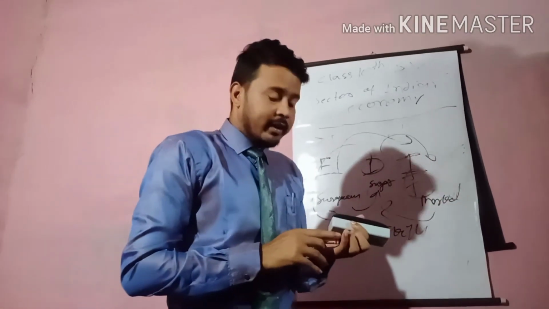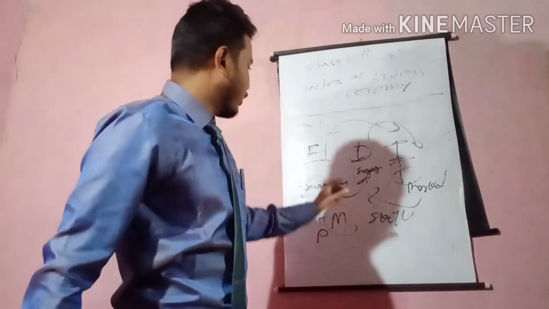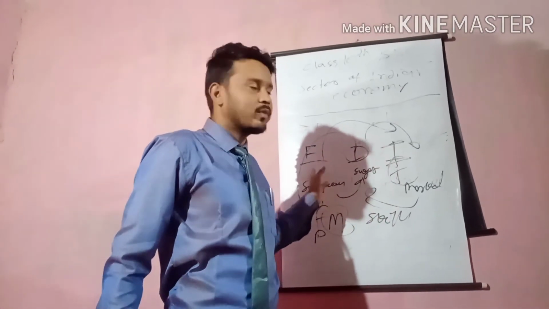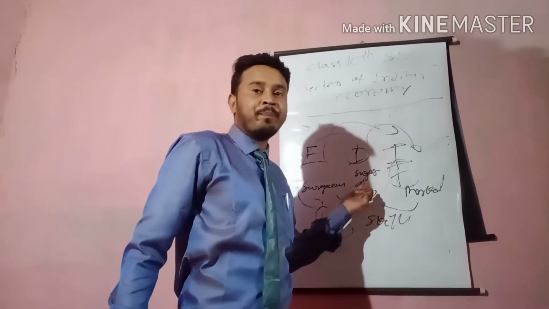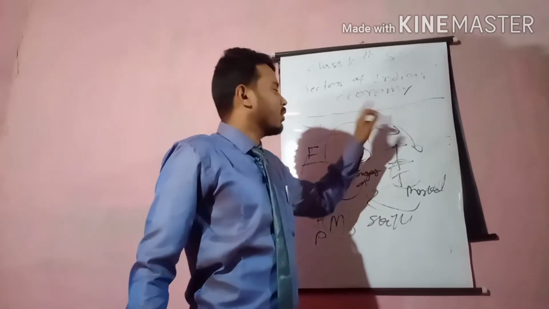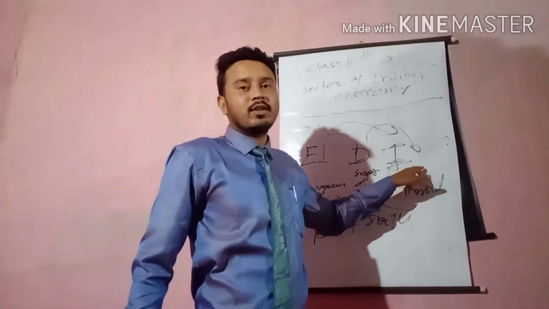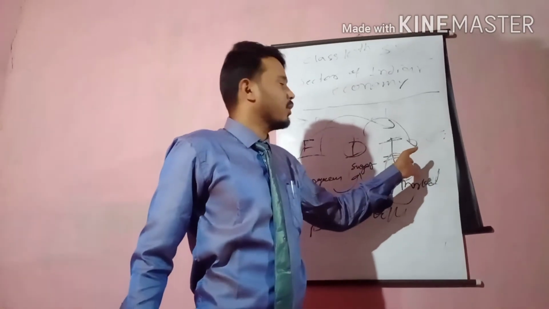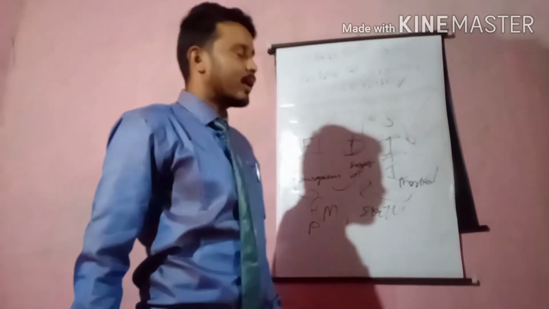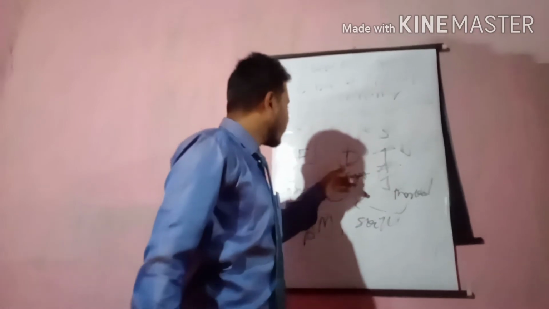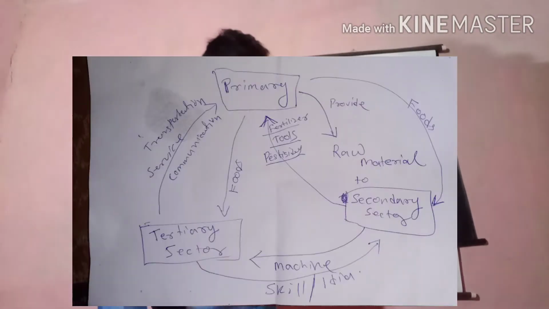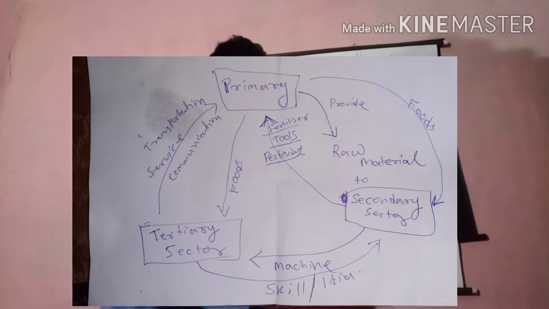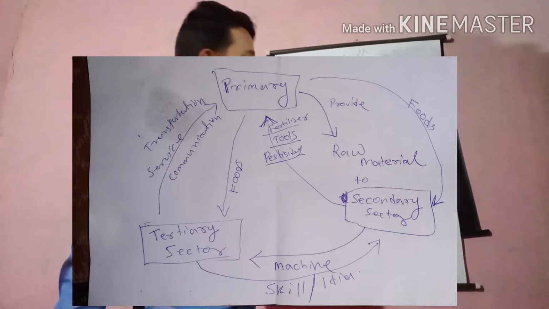Take another example, cotton. The farmer produces the cotton, then it goes to the industry, which manufactures the cotton into cloth. Then the cloth goes to the service sector, which sells it in the market. Also, the primary sector always depends upon the industrial sector for machines, fertilizer, and pesticides.